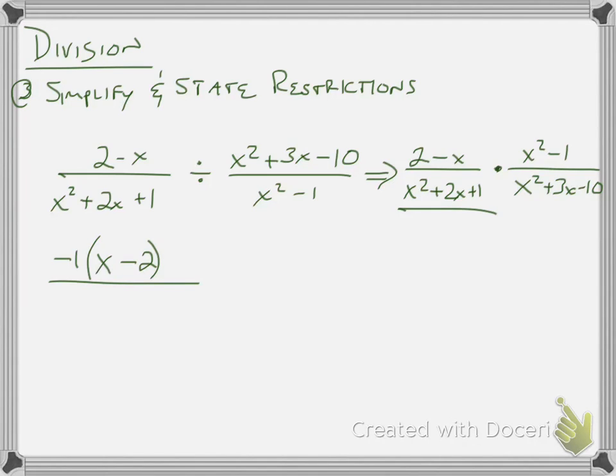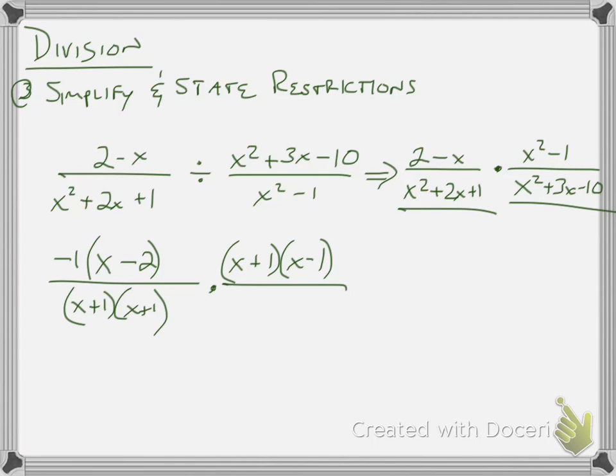The x squared plus 2x plus 1 factors into x plus 1 times x plus 1. X squared minus 1 is a difference of squares. That's x plus 1 times x minus 1. And x squared plus 3x minus 10, that becomes x plus 5 times x minus 2.